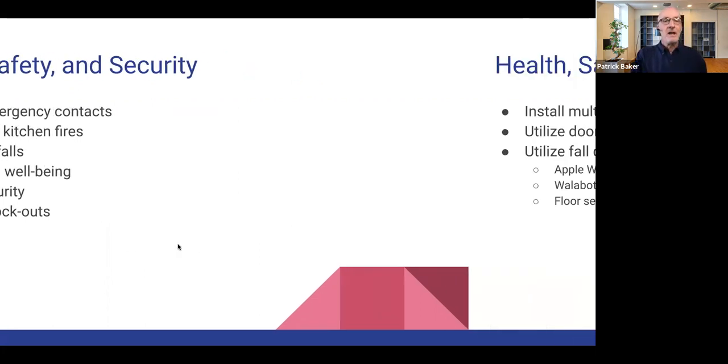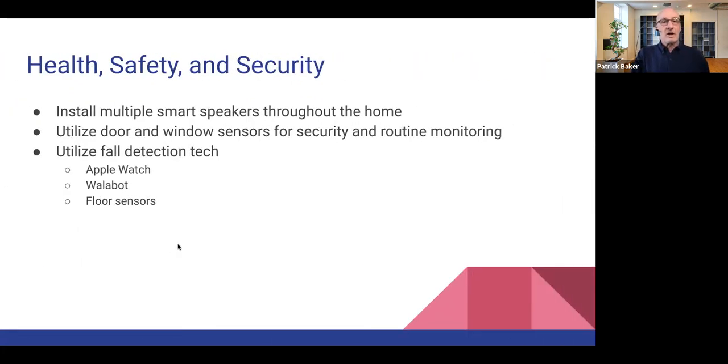Anyhow, in addition, there are some strategies that you can use to utilize some of the smart devices and improve some of the health and safety concerns that you might have. Things like installing multiple smart speakers throughout the home.